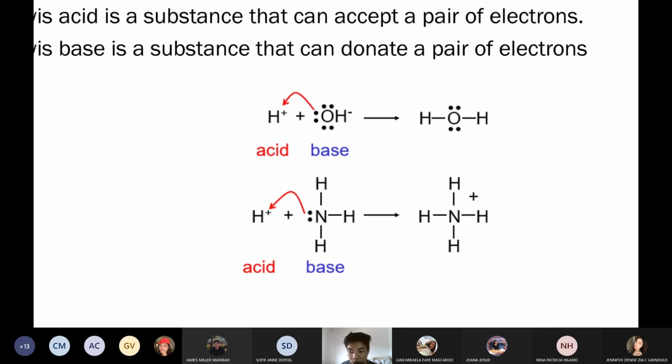So, ano nangyayari sa molecule kapag nag-donate siya ng electron? It will form chemical bonds, no? Kasi, remember, there are 2 electrons needed to create a bond. So, ibig sabihin dito, kapag yung molecule, siya yung nag-donate ng electron para magkaroon ng bond, siya yung base. And kung sino yung molecule na tatanggap ng pair of electrons na yon, ang tawag sa kanya ay acid.